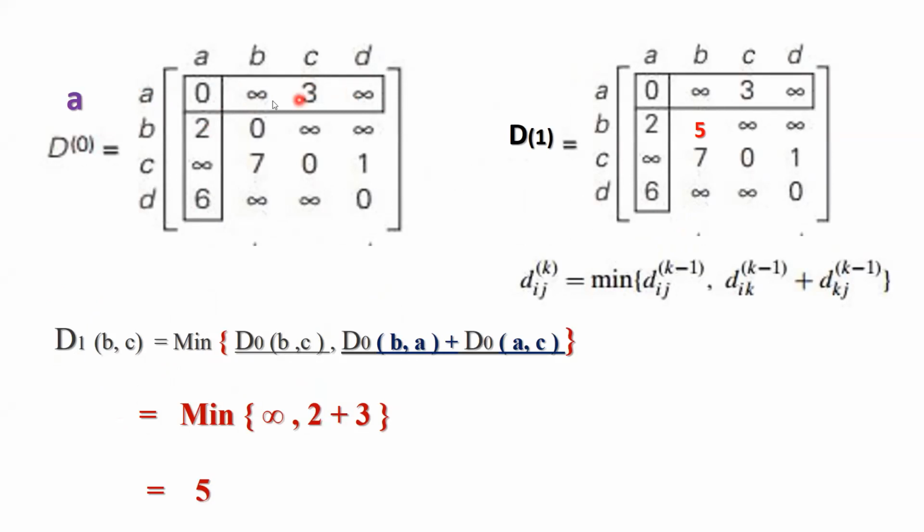Why? Because, sorry, I have already told you complete row A is fixed. A to B, A to C, A to D I cannot check. So B to A I cannot check because this column is also freezed. B to B I cannot check because it comes in the diagonal. I shall check for B to C, from D naught to D1. Is there any change? We shall check.